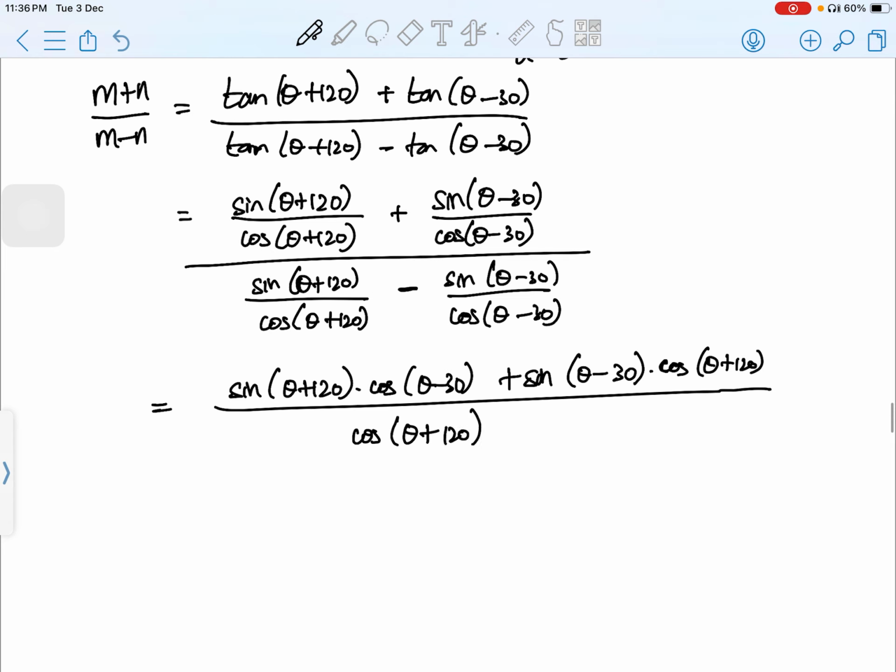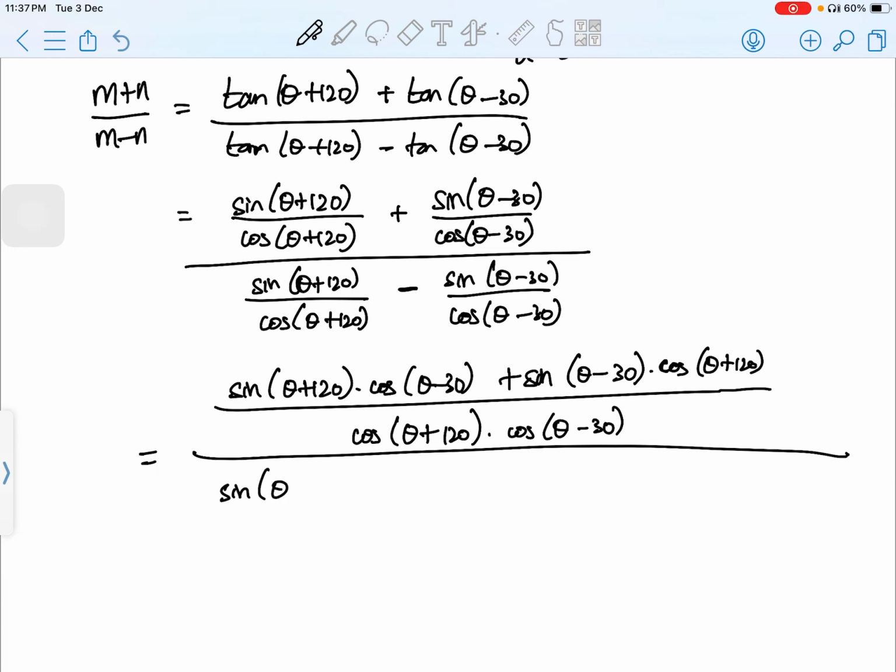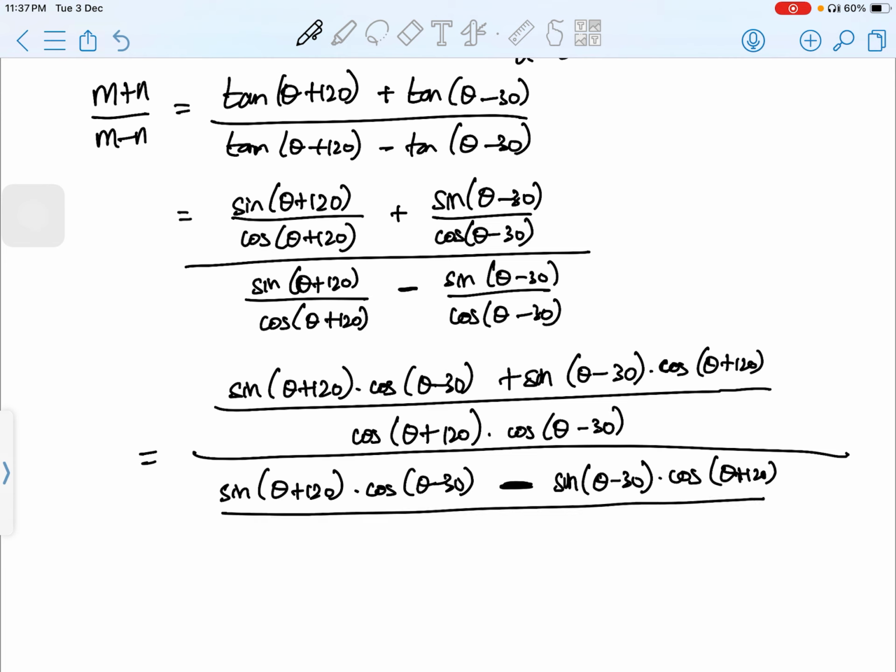Cos of theta plus 120 into cos of theta minus 30, whole divided by sin of theta plus 120 into cos of theta minus 30, in between minus sin of theta minus 30, same thing, everything same will come, but the sign between will be plus and minus in the numerator and denominator. Cos of theta plus 120 into cos of theta minus 30.